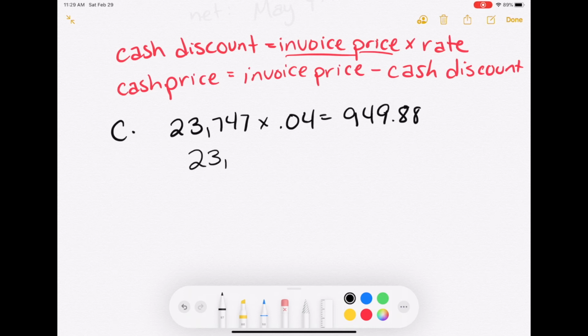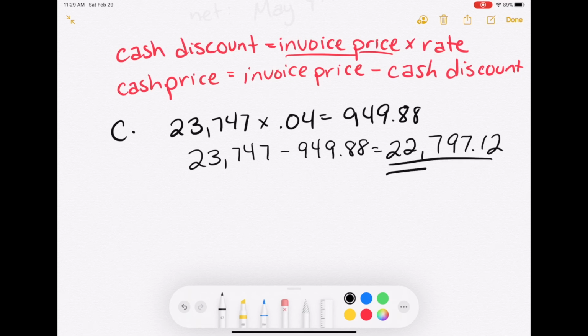Then we'll take 23,747 minus 949.88. $22,797.12 is my amount that I'm going to have to pay because I got that discount.